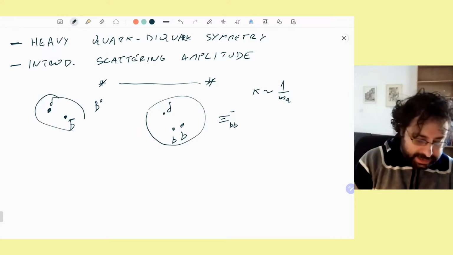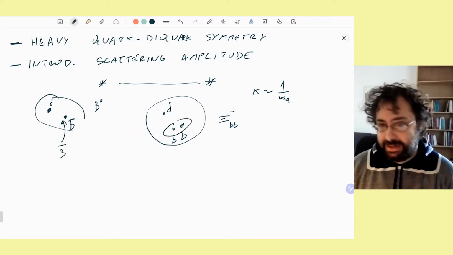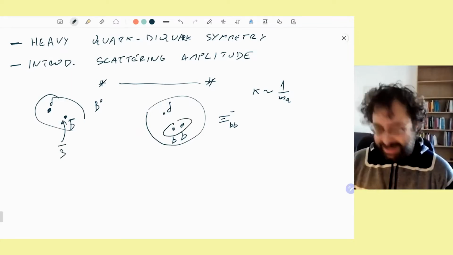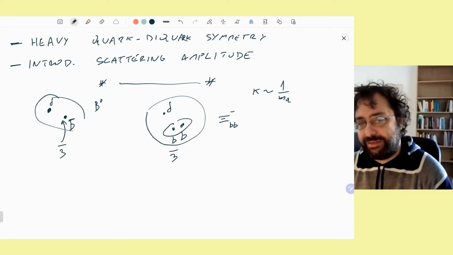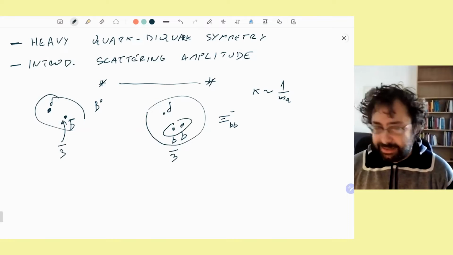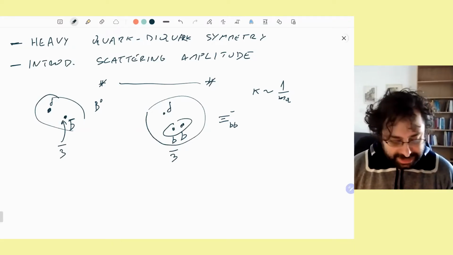Well, color-wise, this guy belongs to the 3-bar representation, and a diquark is in the anti-triplet as well, because we are inside a baryon, and even if you consider it as a separate object, you know that the 3-bar is attractive. So diquarks tend to belong to the 3-bar representation.